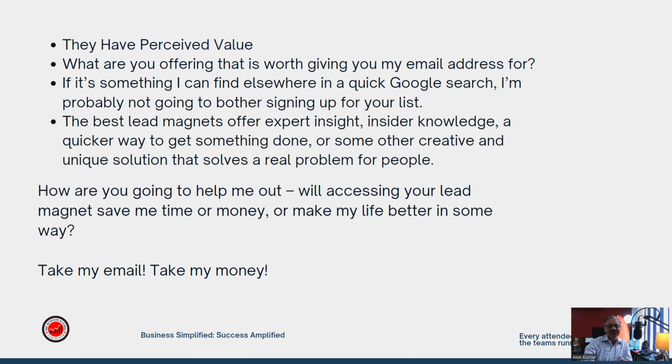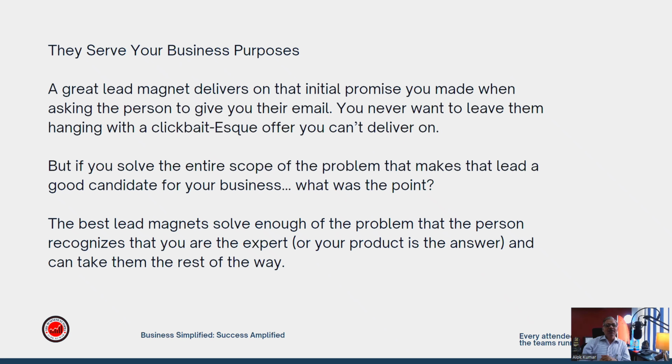So this is what it is. Number 3, one of the critical components of this section, is the purpose, right? And this should be serving your business purpose. A great lead magnet delivers on that initial promise which you have already written in the bold headlines, when asking the person to give you their email.